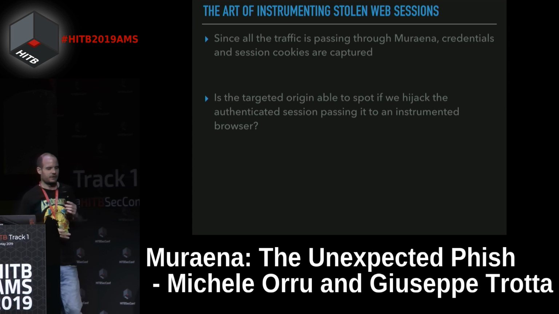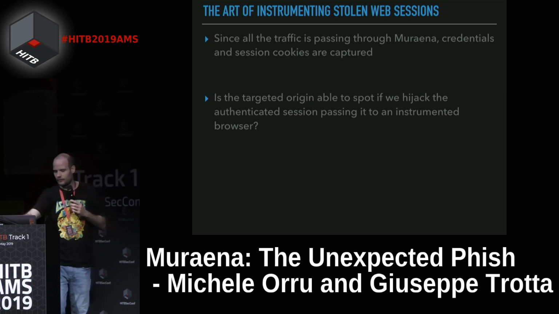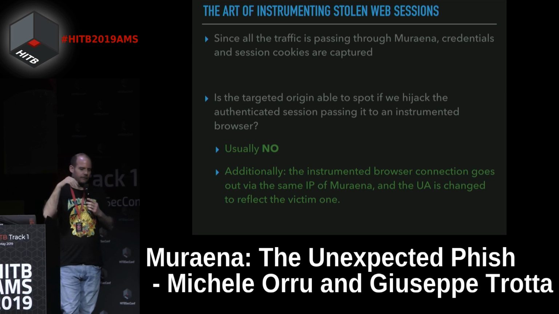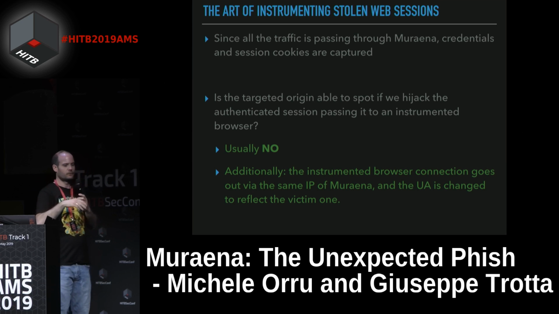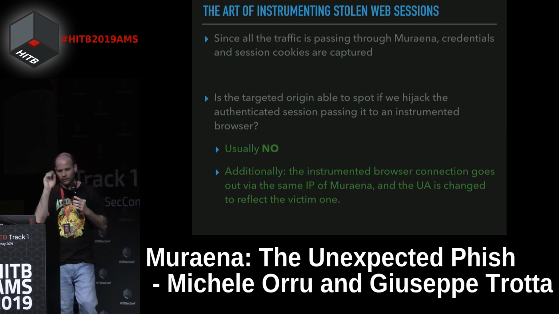So the point is, when you are hijacking the cookies and you are instrumenting them, not manually but programmatically, where do you need to go through to reach the original target? Because usually, let's say that you have a VPS where you are running Google CDN.co on a public IP.